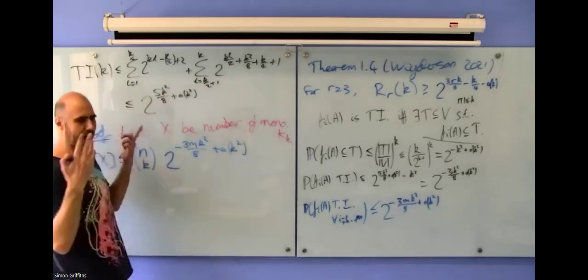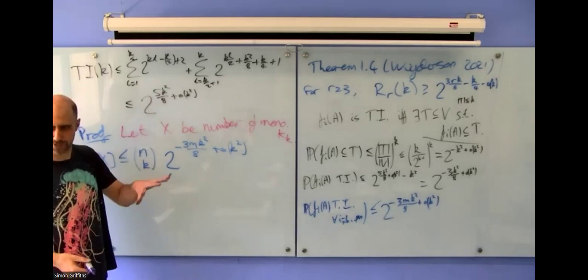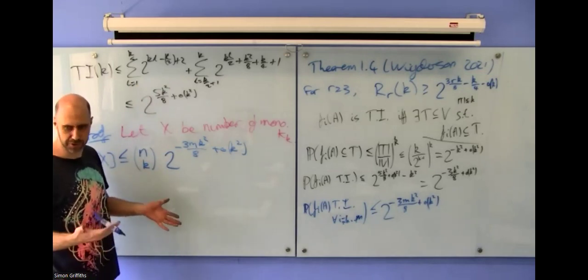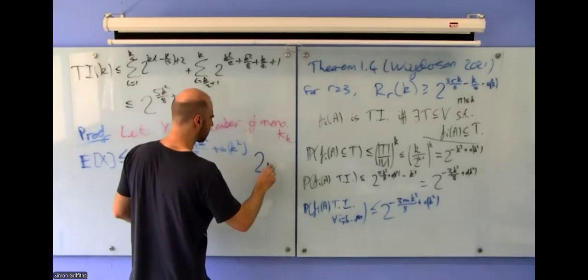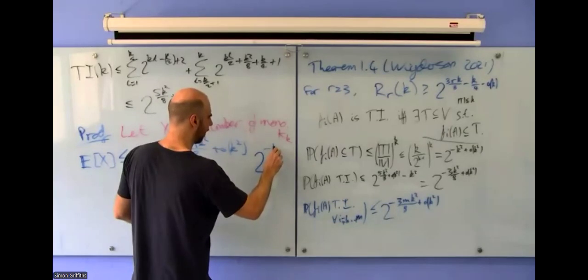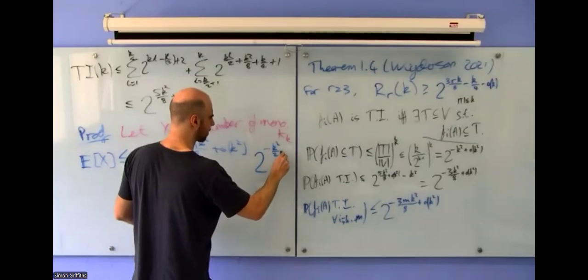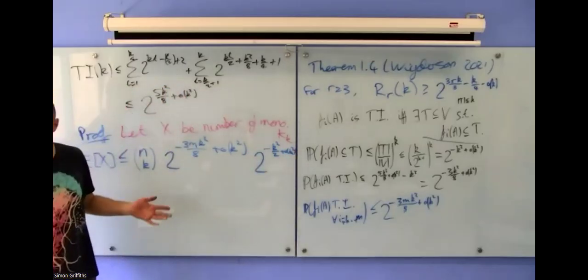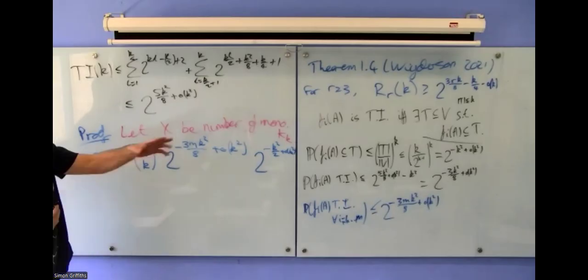And then you need something else to happen, which is the random coloring gives you all the same color, which is 2 to the minus K squared over 2 plus this low term. Right, it's 2 to the minus K choose 2, but we're ignoring all those smaller terms.